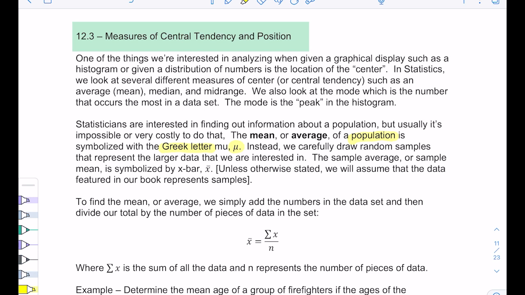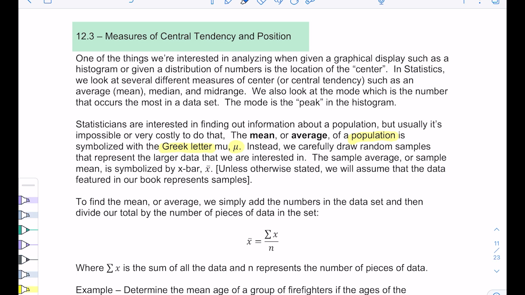However, we talked about how it is difficult to find population anything because populations are so large. So instead, we draw random samples. And when we take a random sample, we also find an average, which, if we take a good sample, should represent our population average.